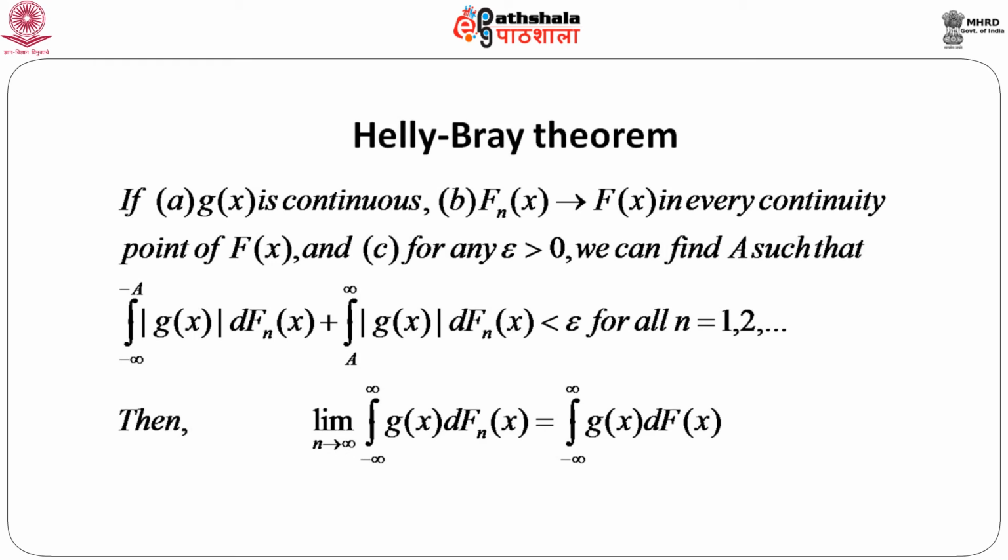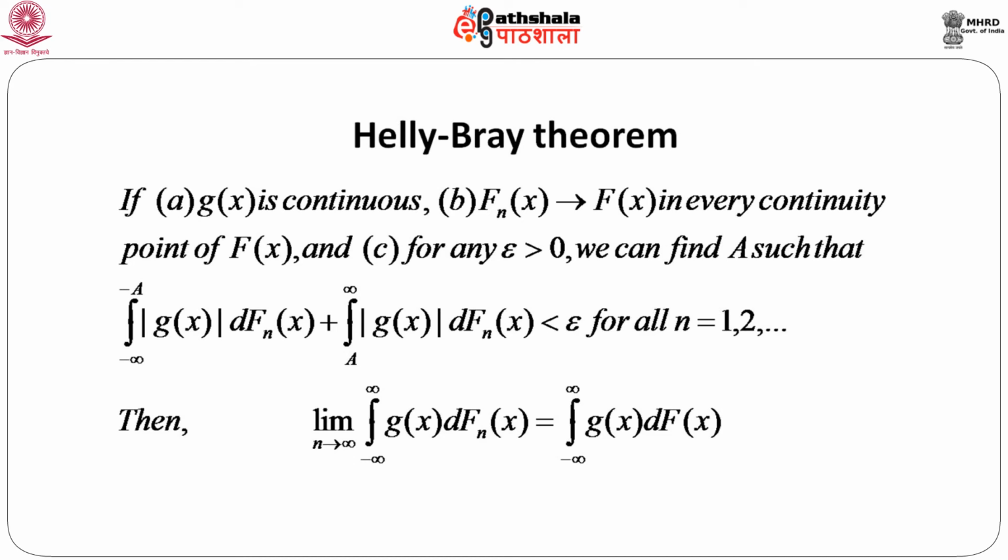That means, if we consider this integral, suppose a is a very large number. The integral from a to infinity has almost no contribution, and also the range very close to minus infinity, that is, minus a being a large negative quantity, the contribution of the integral within this range is negligible.